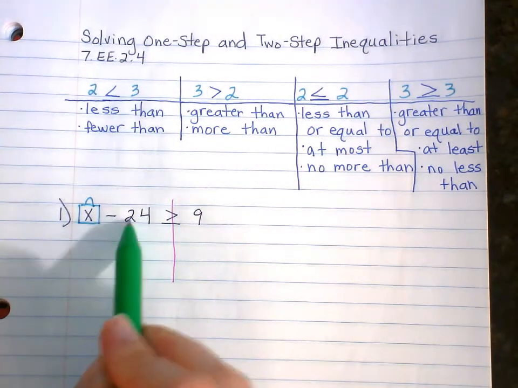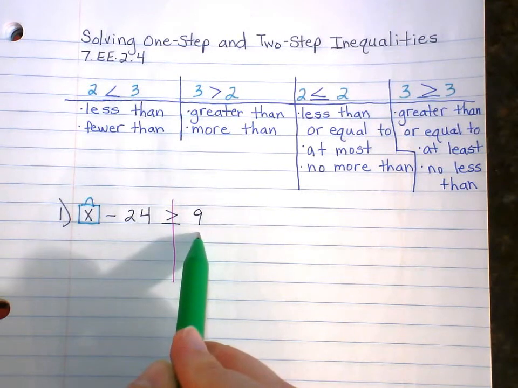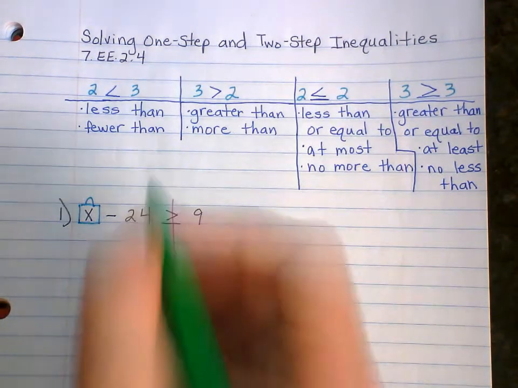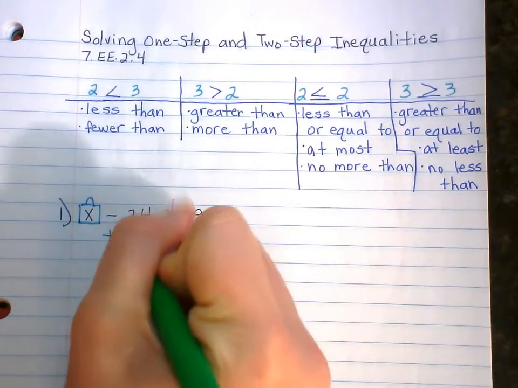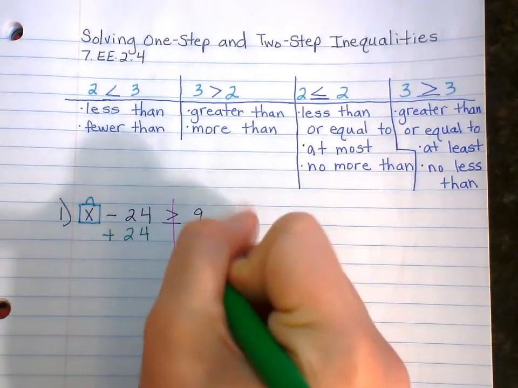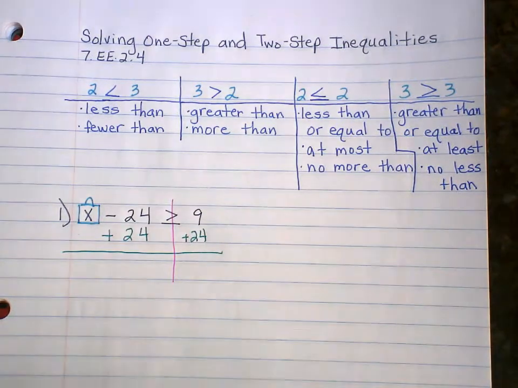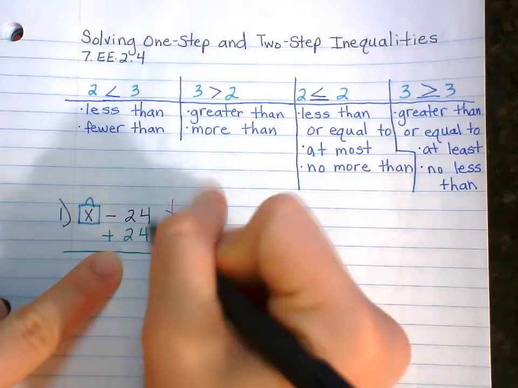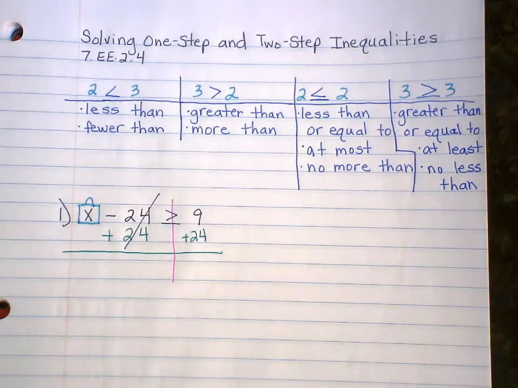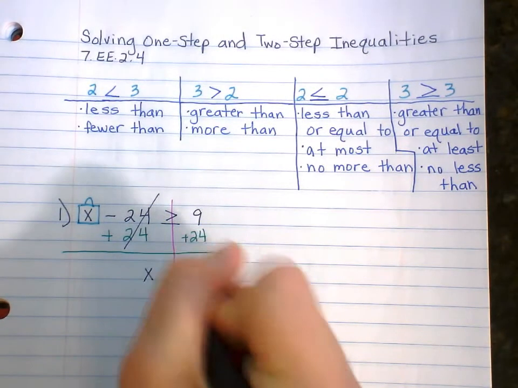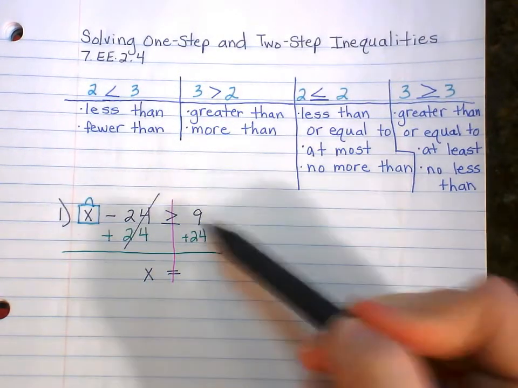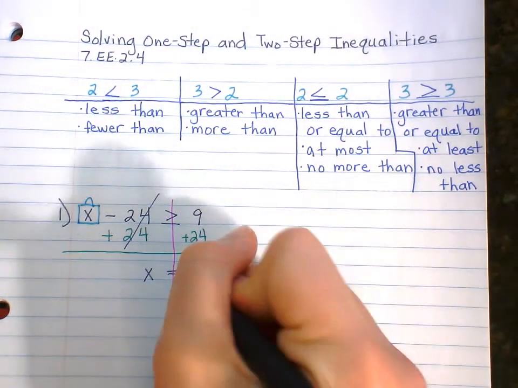How are we going to get this negative 24 to the right side? How are we going to get x by itself? You do the opposite. Add 24 to both sides. That cancels out. Negative 24 plus 24 goes away, so it just leaves us with the x on this side. 9 plus 24 is 33.